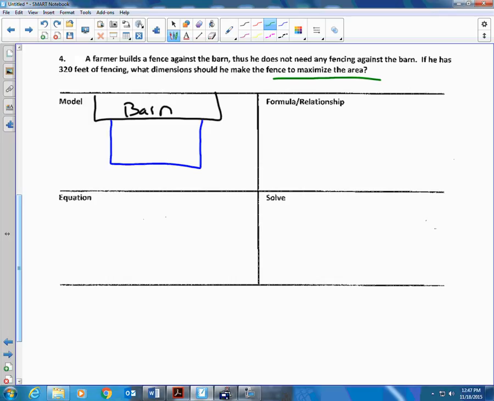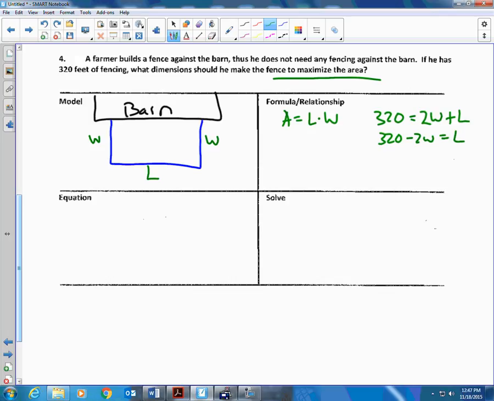Maximizing area. So area is length times width. I'll call this width. I'll call this width. I'll call this length. Now what? 320 equals what? 2W plus L. Where 320 minus 2W is equal to L. So your L's are over here.